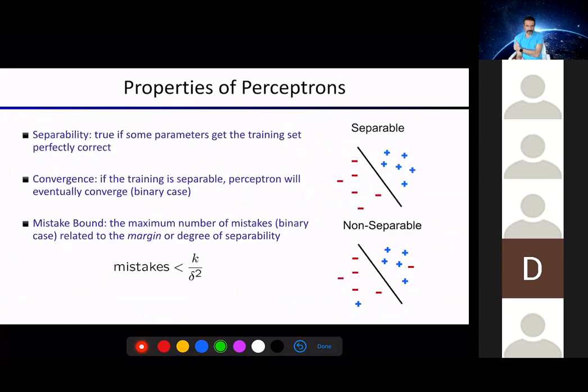So it's very simple. Let's go through some properties of these perceptrons. We discussed whether these classes are separable or not. In this case, we know that these two classes are linearly separable.